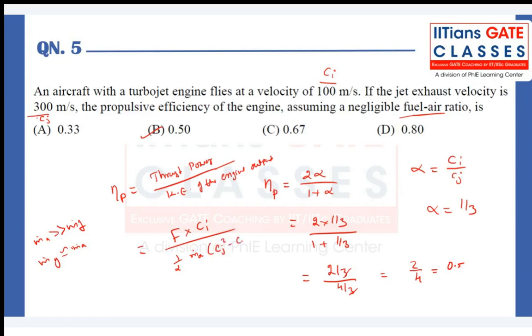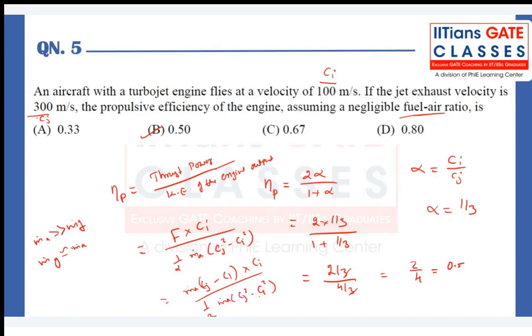This is the output kinetic energy of the engine. What is thrust again? It is the mass flow rate of A times Cj minus Ci, that's the momentum thrust, times Ci. I am neglecting pressure thrust for the definition purpose. Half of m dot A times Cj square minus Ci square.